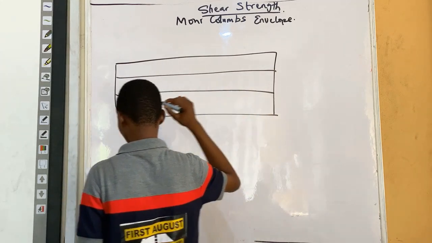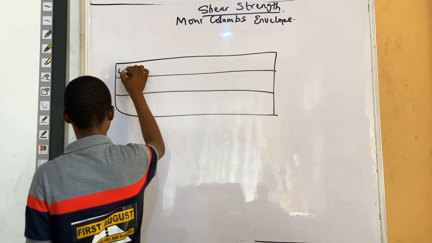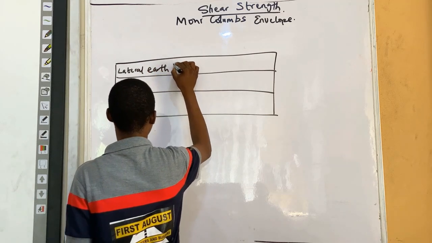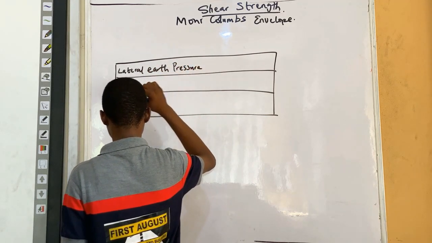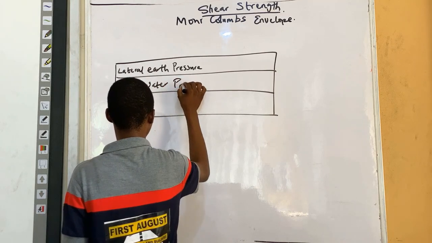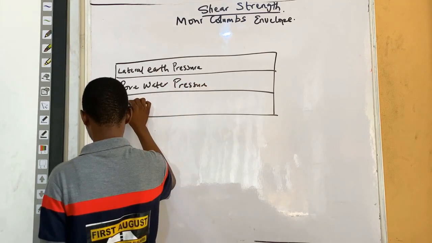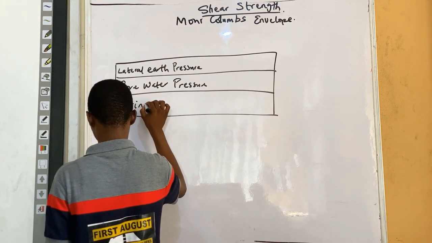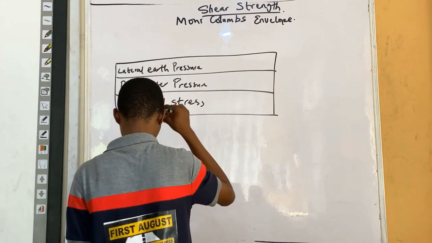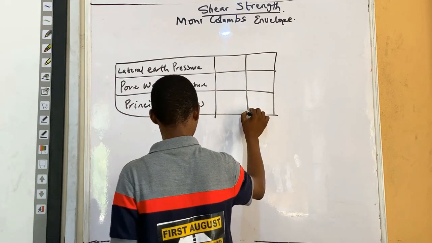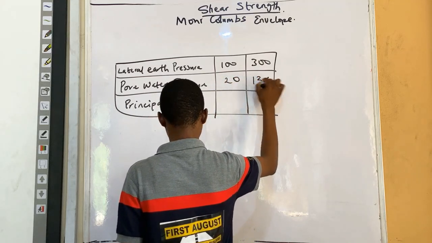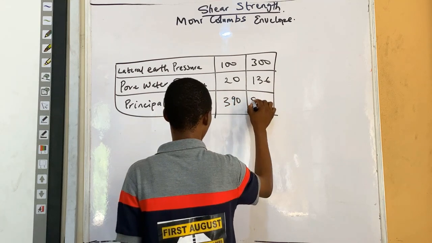We have lateral pressure, then there is pore water pressure, and there is the principal stress. The values are 100, 300, 20, 136, 390, 83.